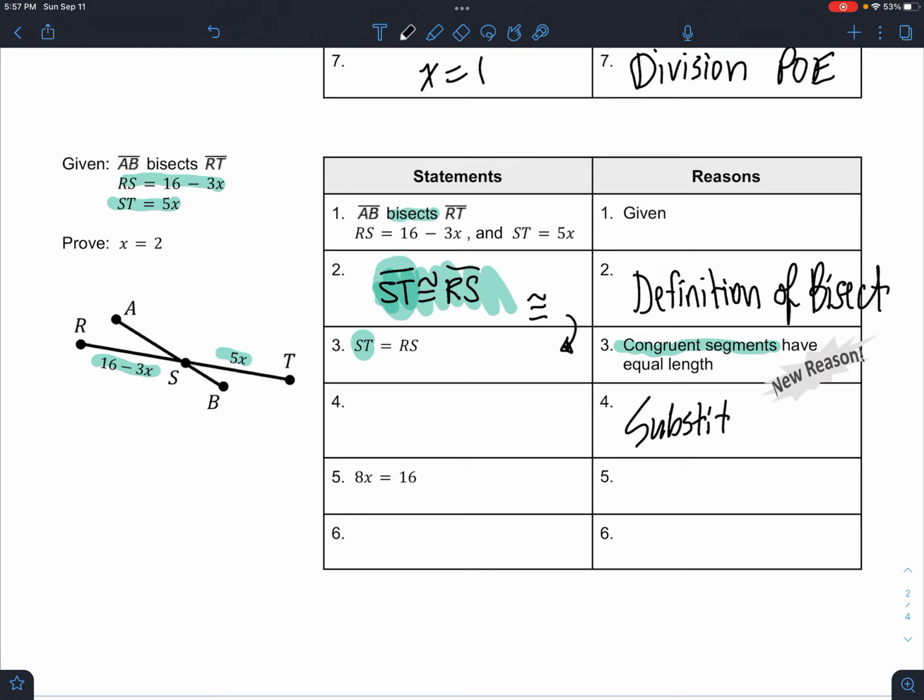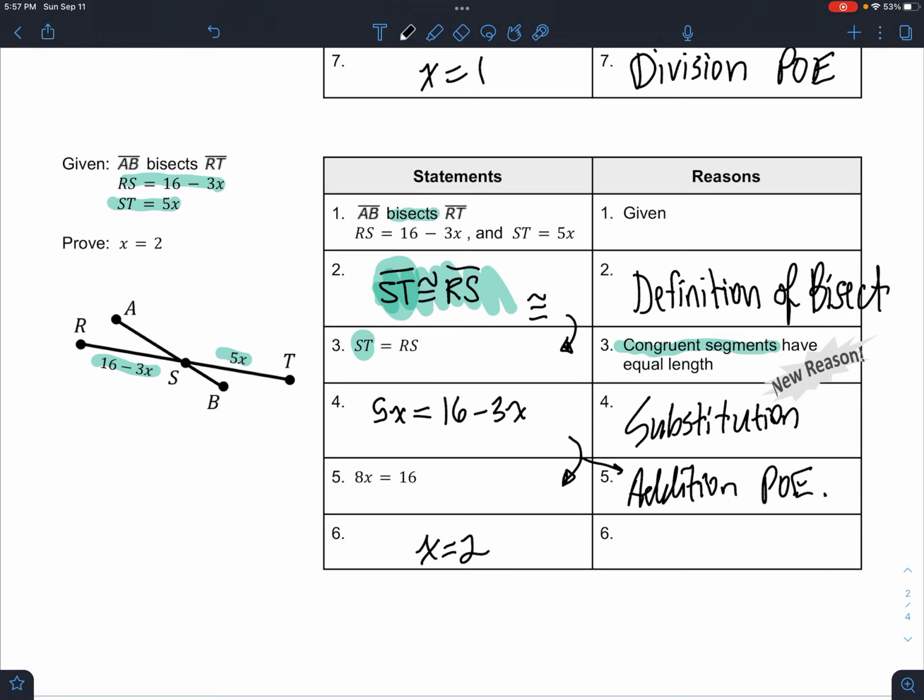To finish it up. Substitution property. So 5x equals 16 minus 3x. And how do we move from step 4 to step 5? Whatever I do, it has to go here. Looks like we added 3x to both sides. And then x equals 2 is from division on both sides.